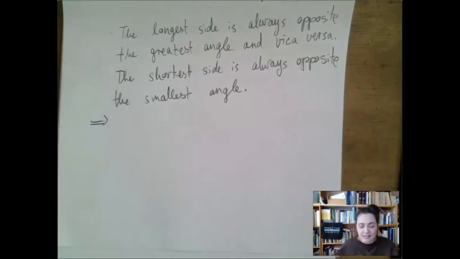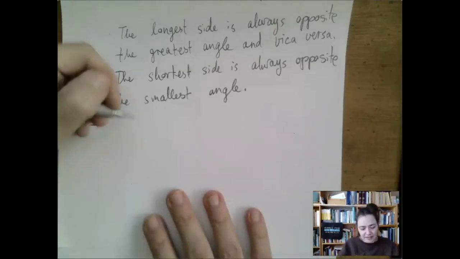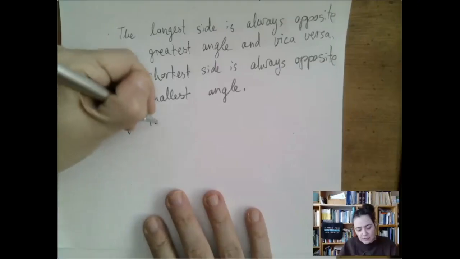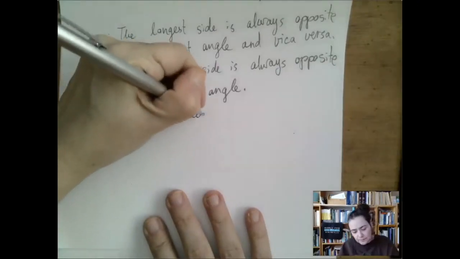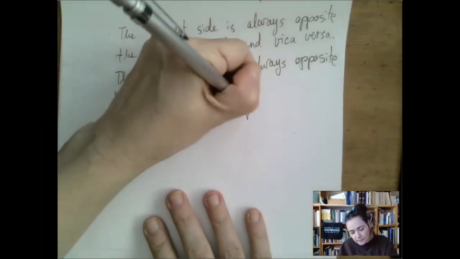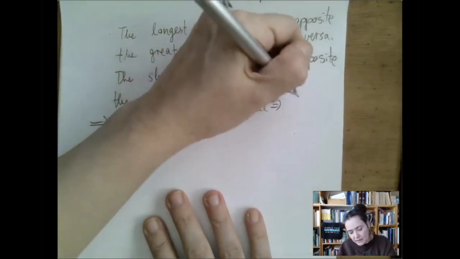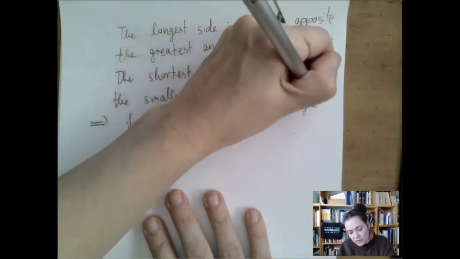What happens if a triangle is isosceles? Isosceles, remember, means that two sides are equal. Well, then, if two sides are equal, then the angles opposite those equal sides are also equal, and vice versa, which is a very, very useful little fact. So if two sides are equal, then the angles opposite them are also equal.